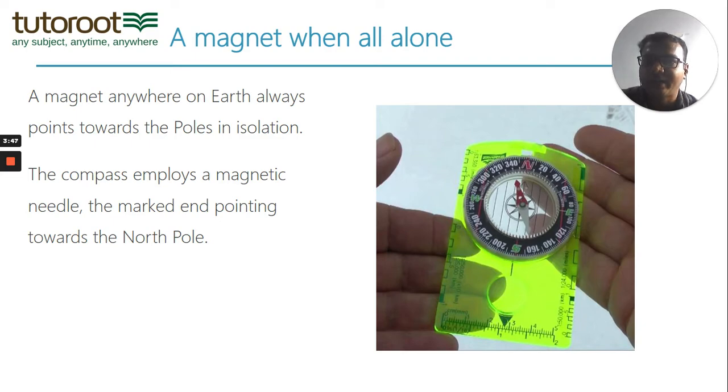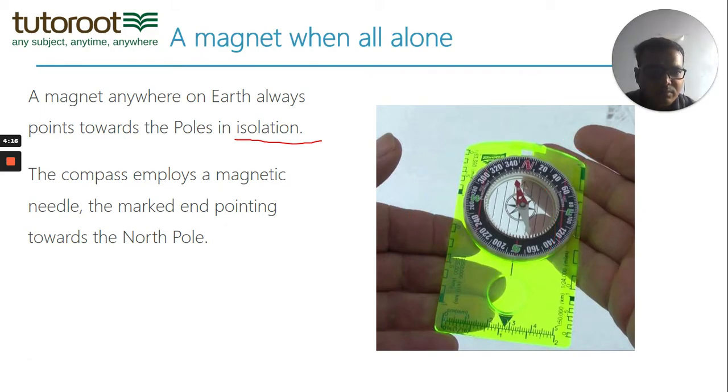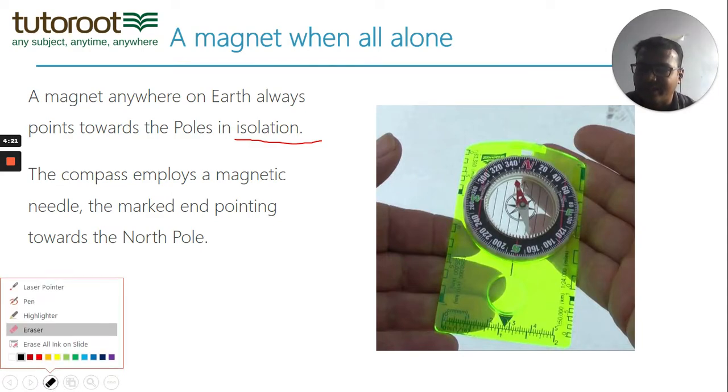As we said, a magnet anywhere on earth always points towards the poles in isolation. In isolation means that it should not be in the surroundings of any other magnet which can attract or repel it. Nothing around it, and then you see that they always align themselves along the north-south poles of the earth. Here you can see that the compass is an example of a magnetic needle, in fact. The compass has a needle inside it, which is obviously magnetic in nature.